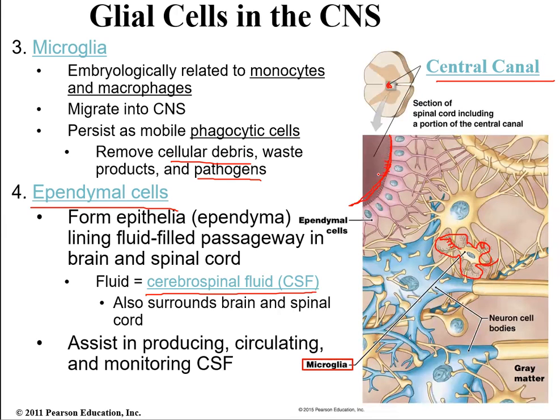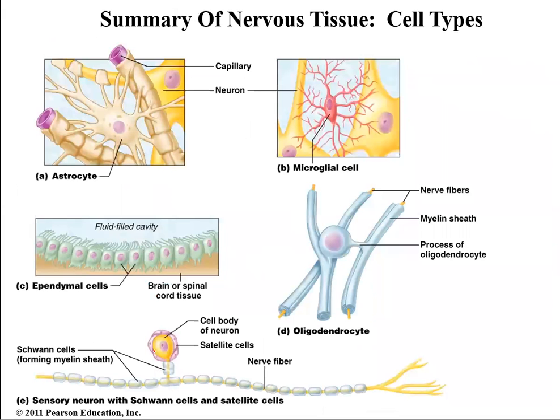Also, these little cilia can push along the cerebrospinal fluid, circulating it in the absence of a heart. Also, in specialized parts of the brain, there are ependymal cells that are modified to also produce this cerebrospinal fluid in the first place. Okay, so again, lining this little canal in the middle here are ependymal cells. Okay, so this is a summary of all of those different cell types within nervous tissue.